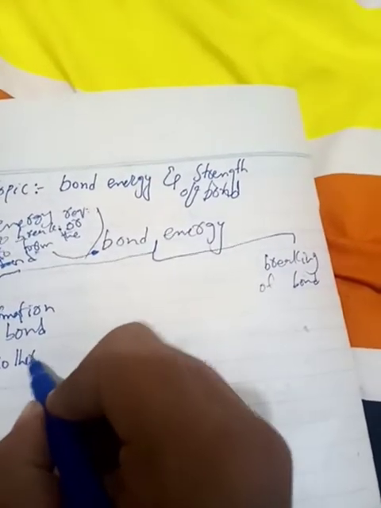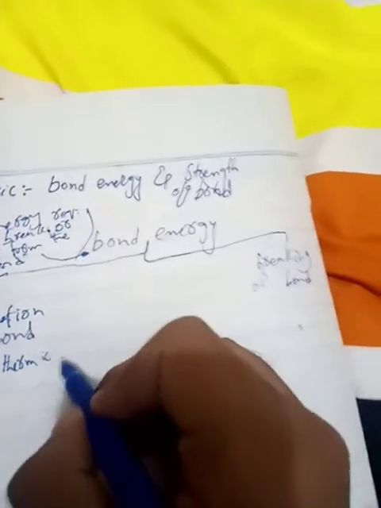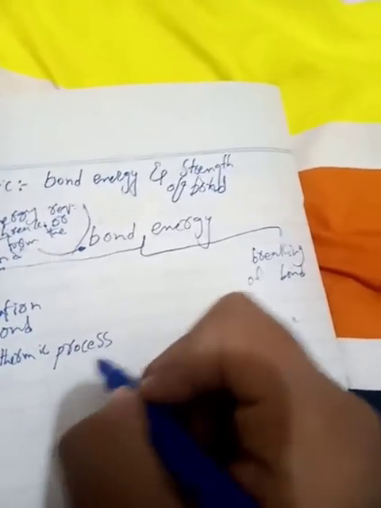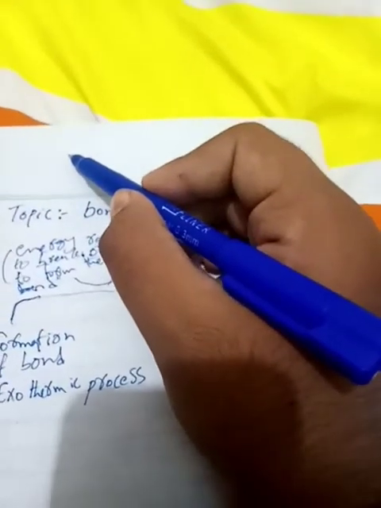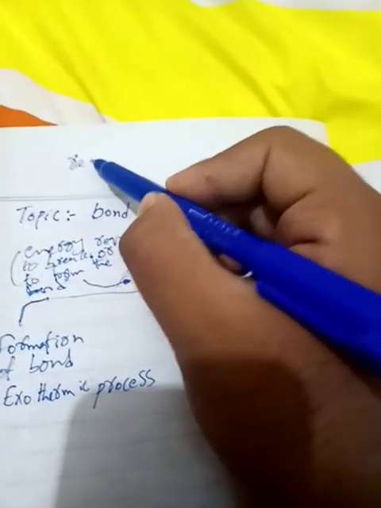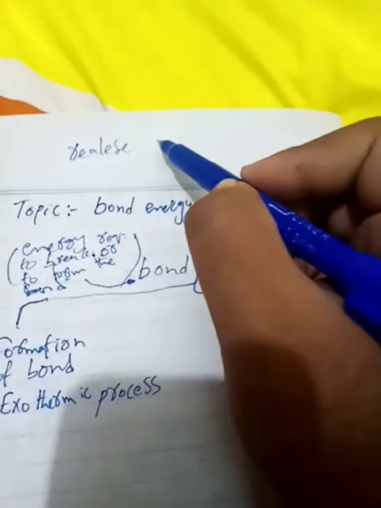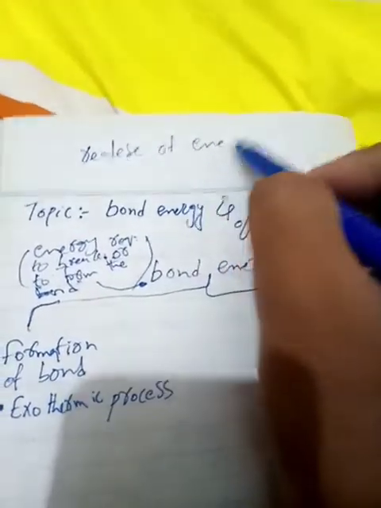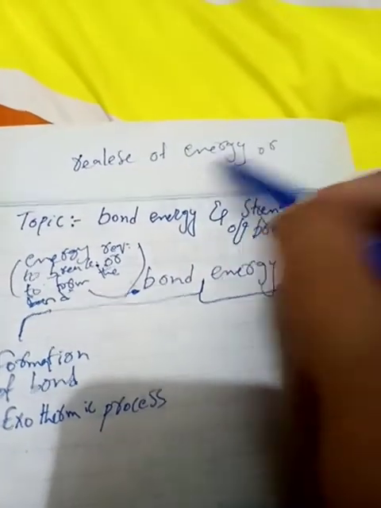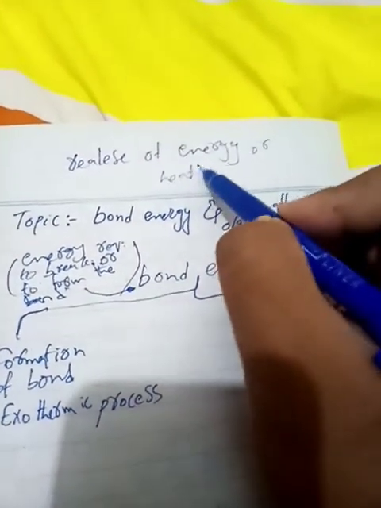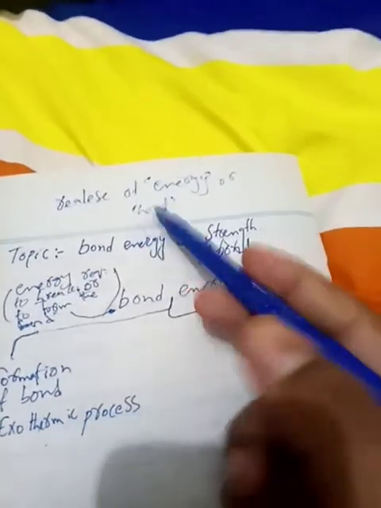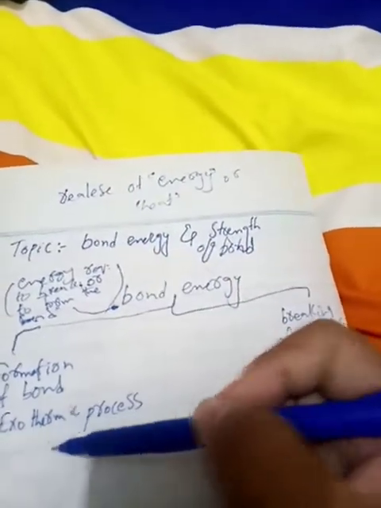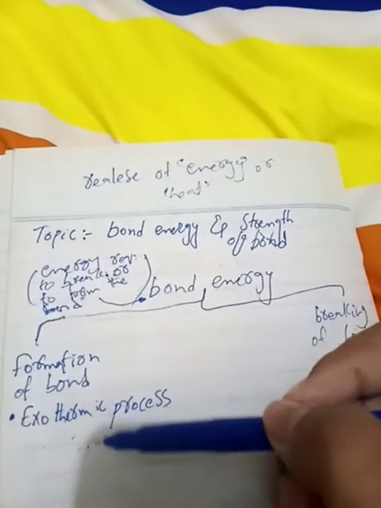What is an exothermic process? I will tell you. The exothermic process is the release of energy or heat. Release of energy or heat is called exothermic, and formation of bond is an exothermic process.